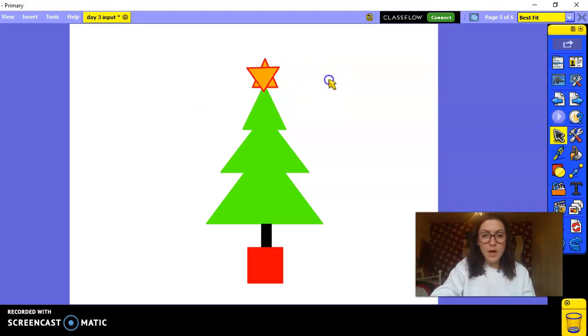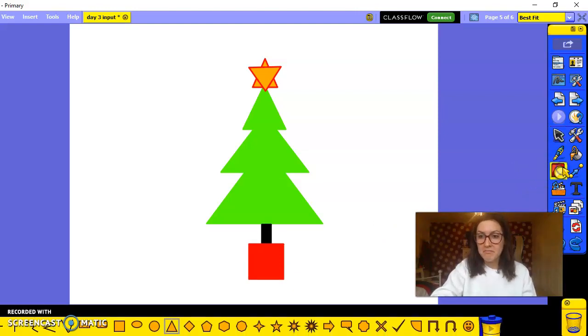So I've used so far triangles because they're nice and straight and pointy with some lovely corners and the perfect shape for a star and tree. I used my rectangle here and my square here. Now, I think it's looking a little bit boring, so I think I want to jazz it up. I think it needs some decorations. And then maybe we could even add some different shaped presents under the tree.